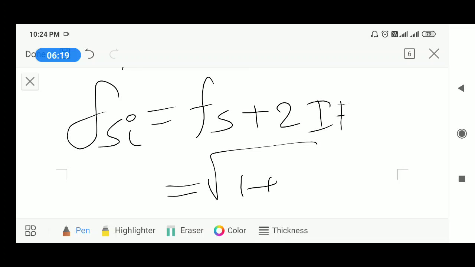Its rejection ratio is given by alpha equal to the square root of 1 plus rho square Q square, where alpha is the gain at signal frequency by gain at image frequency.